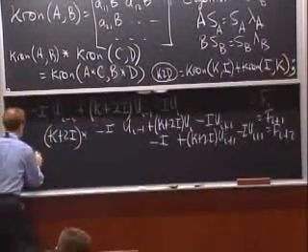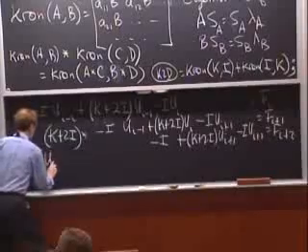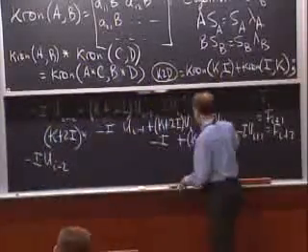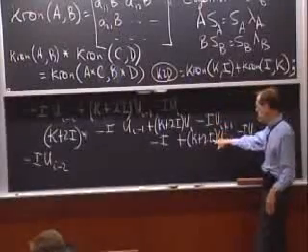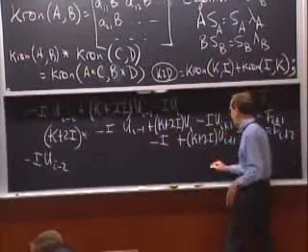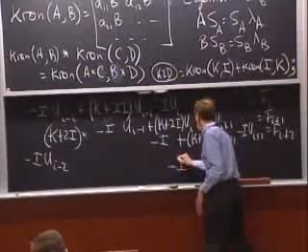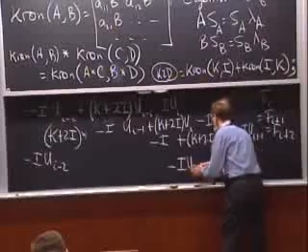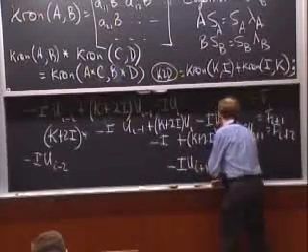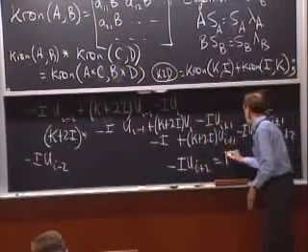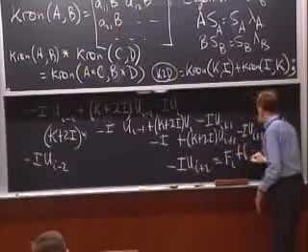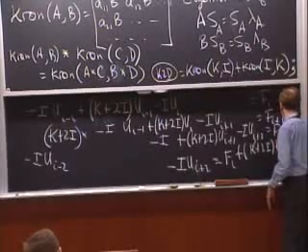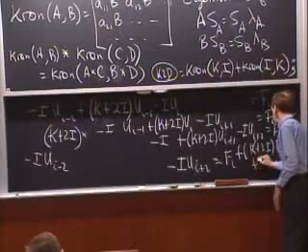This guy wasn't affected, and the K plus 2I will cancel this one just as before. This will not be affected. ui plus 2, and I have fi and K plus 2I, fi plus 1, and fi plus 2.